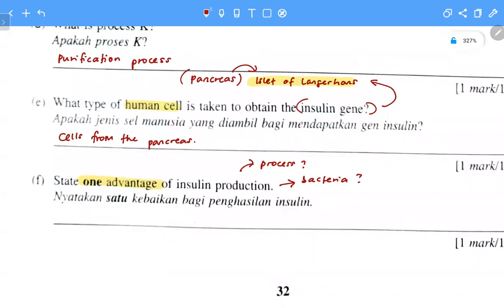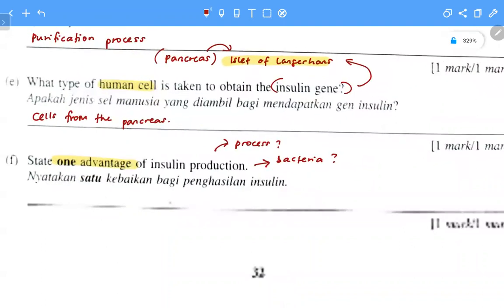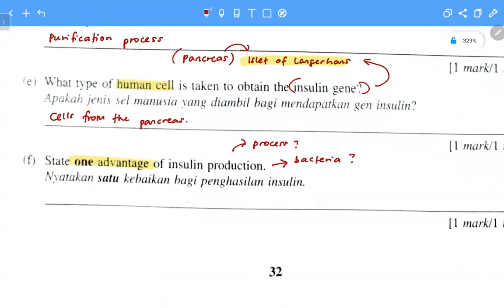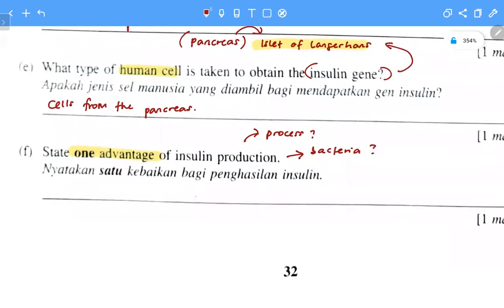I give you two answers. All right, state one advantage of insulin production. I would say that of course the main purpose is to be used by diabetic patients to convert sugar to fat. Okay, but I think most likely it is referring to the process of producing insulin through bacteria lah.